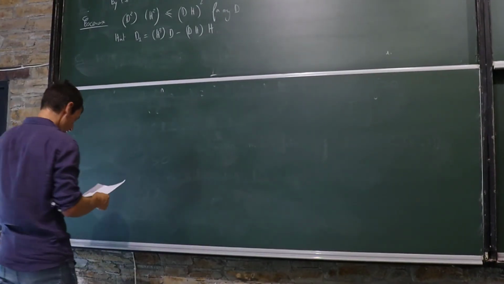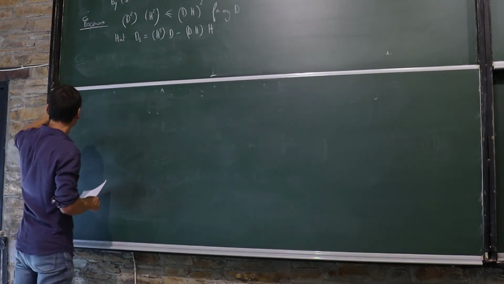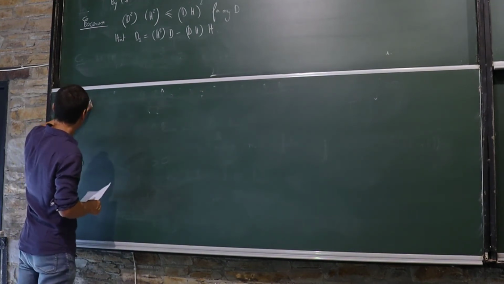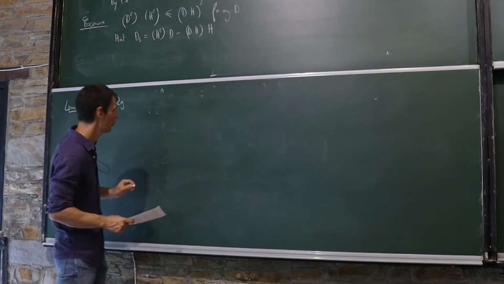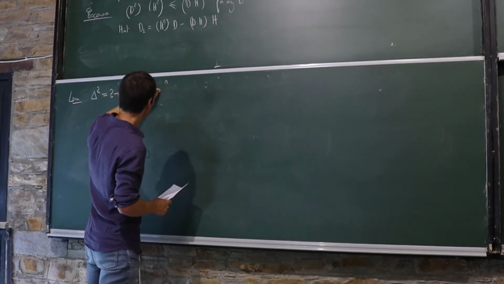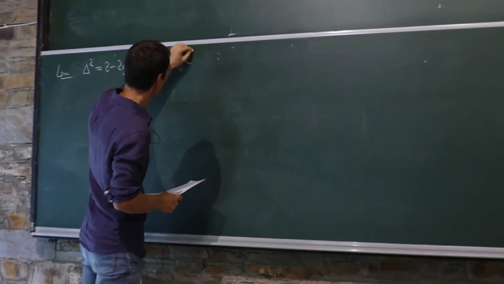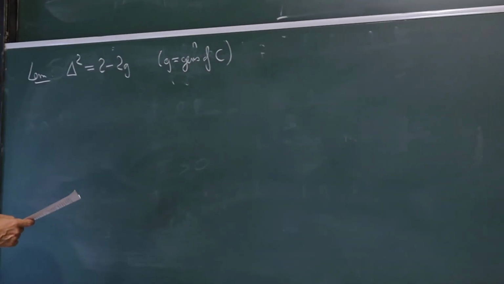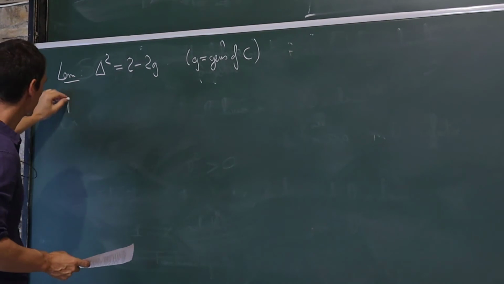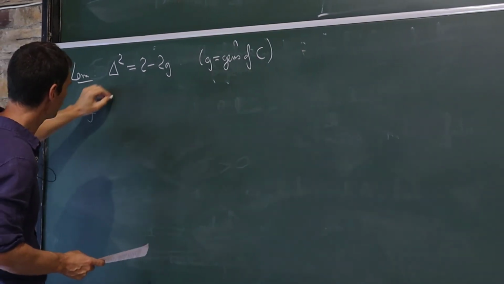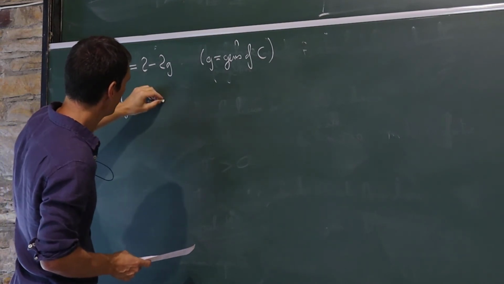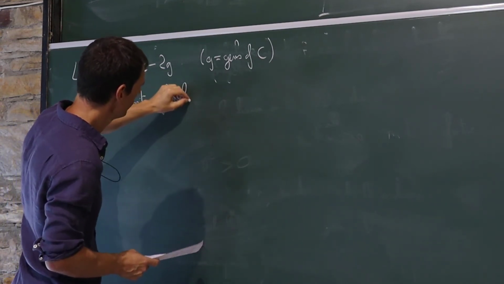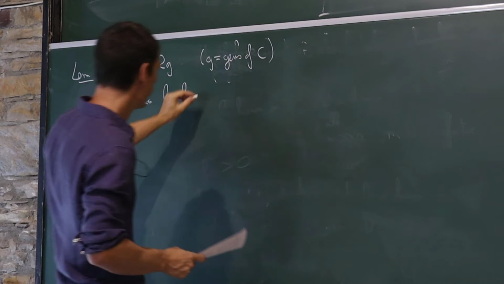I pretend that the self-intersection of the diagonal is 2 minus 2g, where g is the genus of C. So that's the proof inside the proof. We need a result called the adjunction formula, which is valid for any surface S.